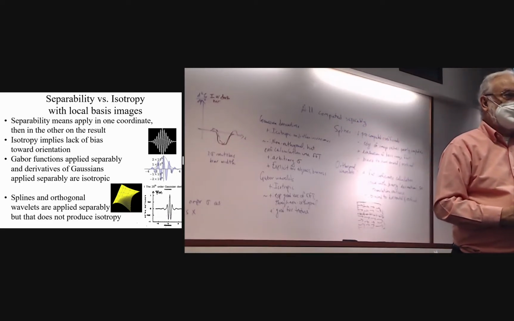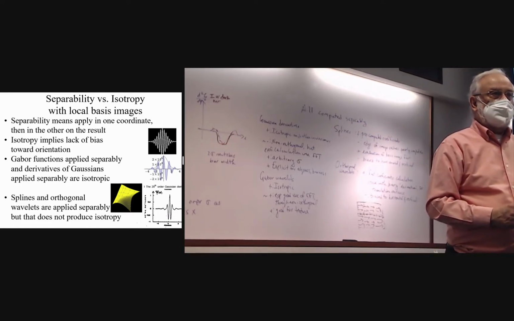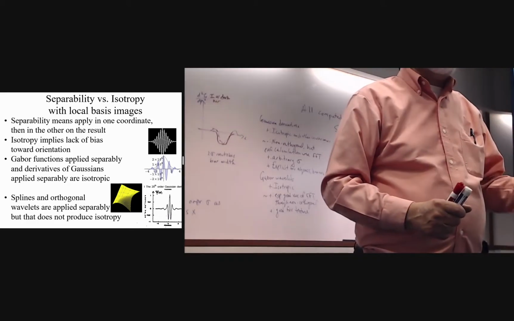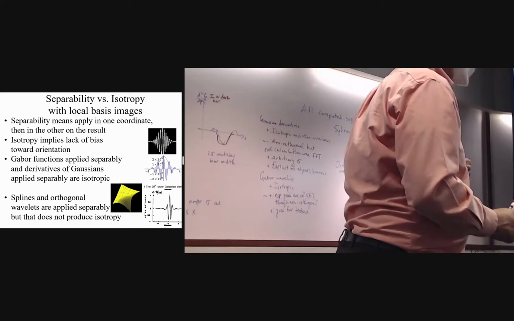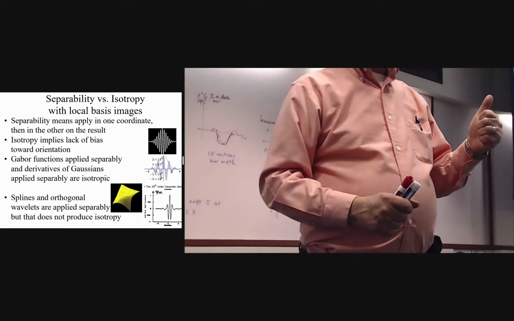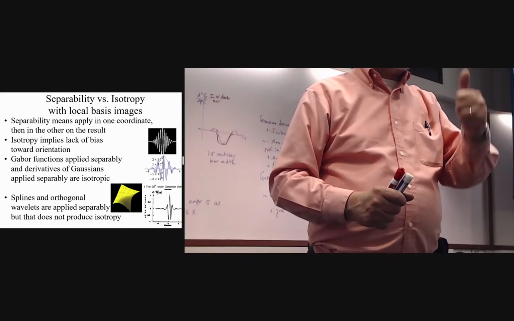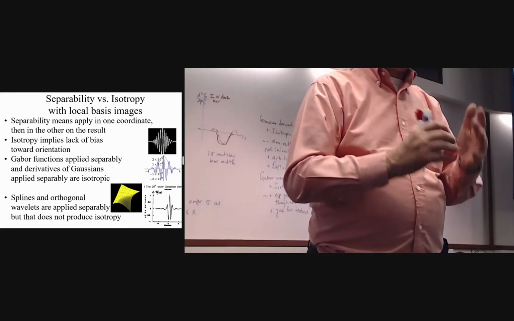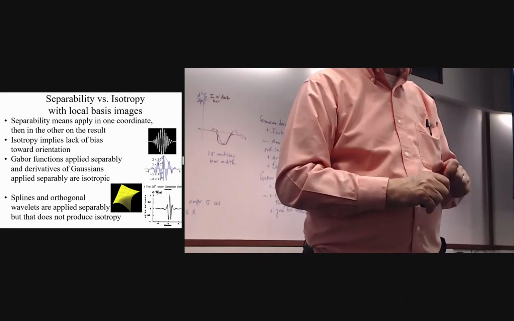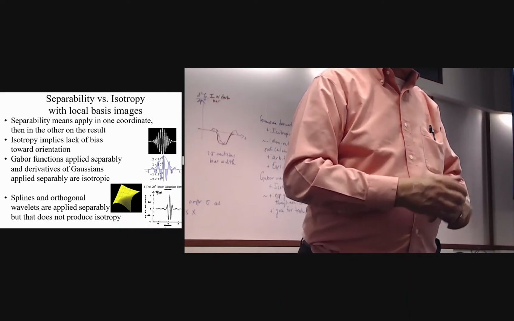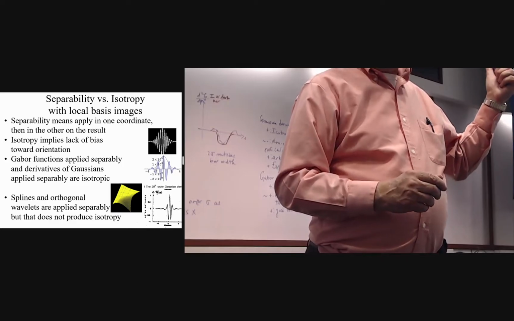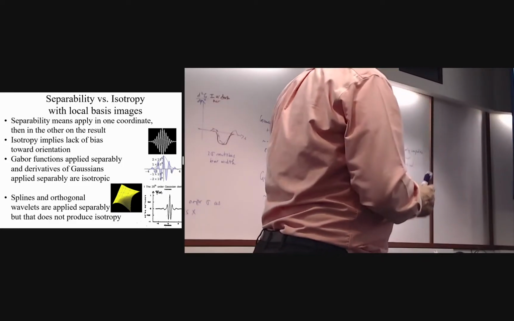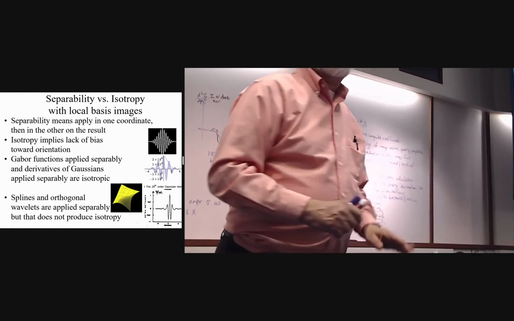But for splines and for the orthogonal wavelets, that means that you end up being a good deal more sensitive to changes in those specific directions that you separated over. But that's not true for either of the other two, the Gaussian derivatives or the Gabor wavelets.